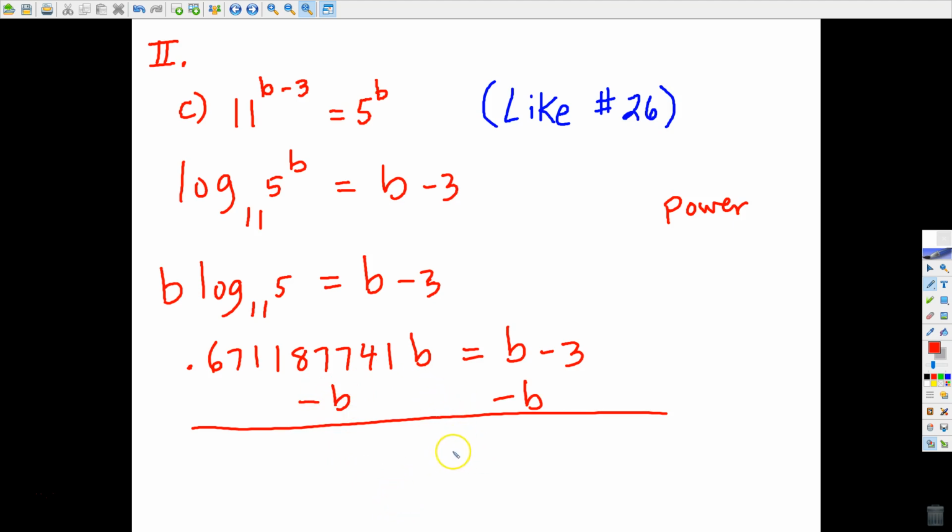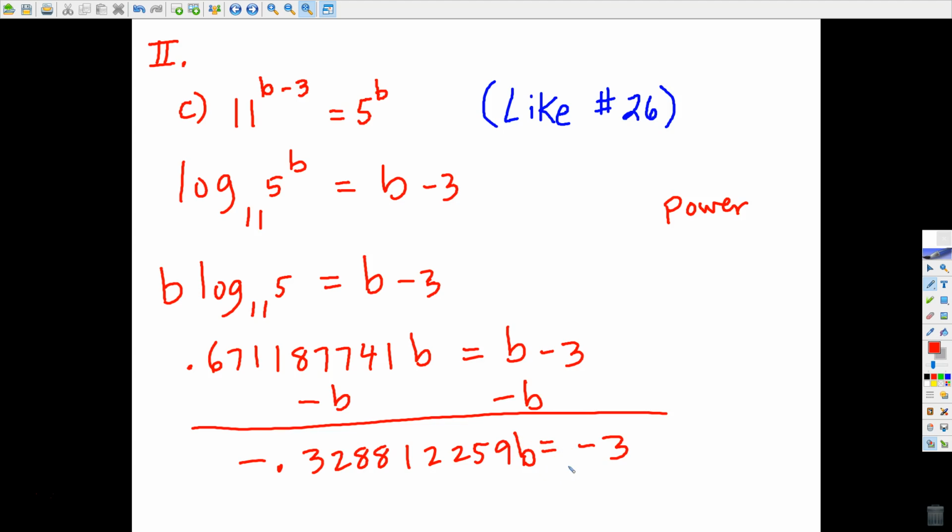And when you get that, somebody read it off to me. Some negative decimal. Got it? And that's b equals negative 3. You with me so far?